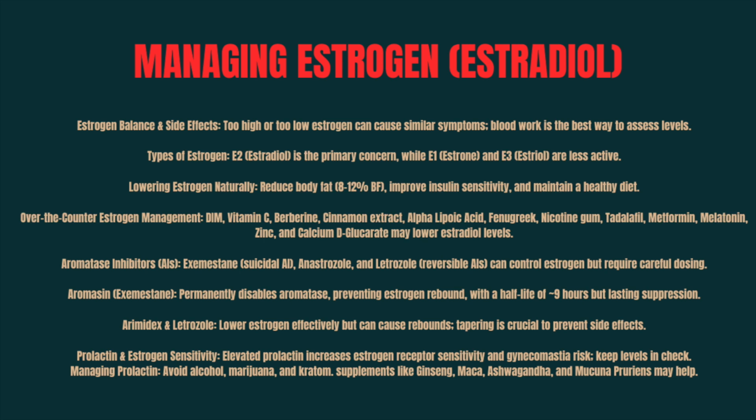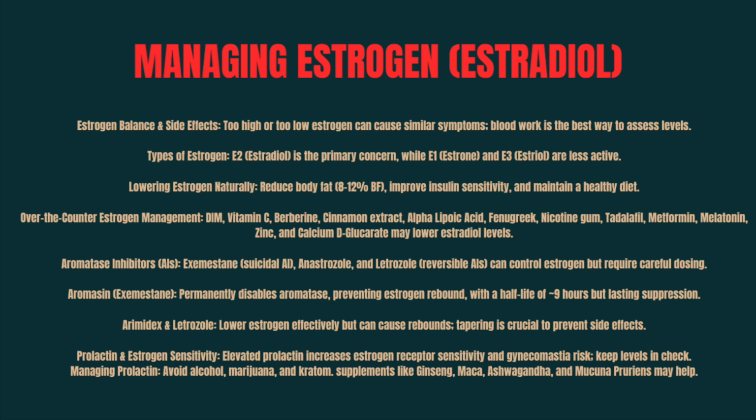So it's important to keep in mind that it's hard to know which side of the curve you're on, if you have low or high estradiol levels, without taking blood work, and just guessing isn't really an accurate way. So yeah, get blood work first. Also, before I dive into the methods of management, there's also important understanding about estrogen.